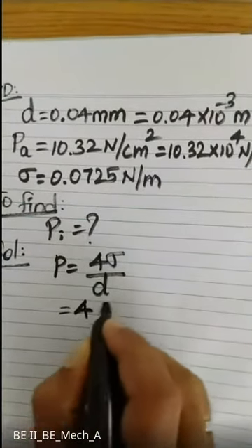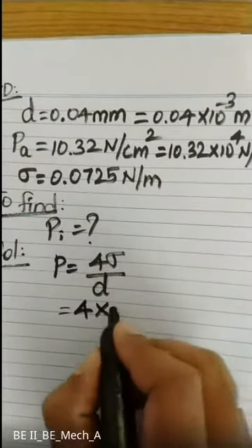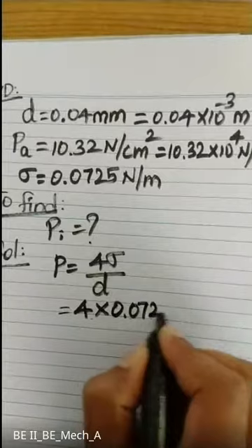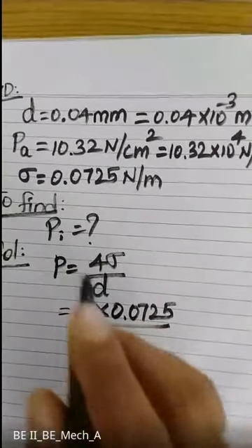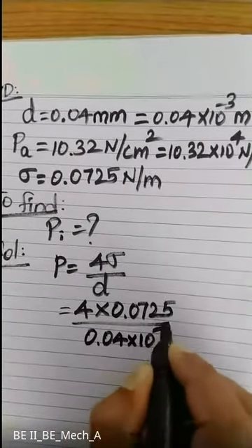So 4 into sigma. The value of sigma is in Newton per meter, so you can directly use the value 0.0725. Similarly, the diameter is 0.04 into 10 to the power minus 3.